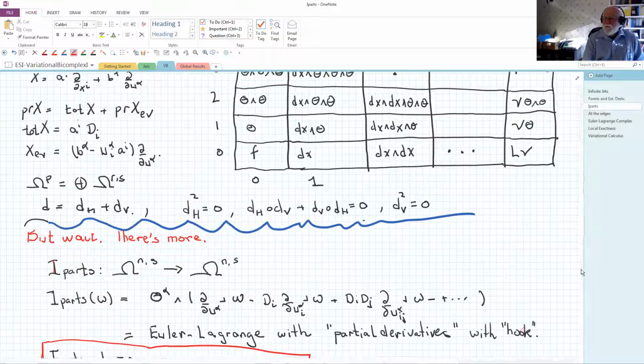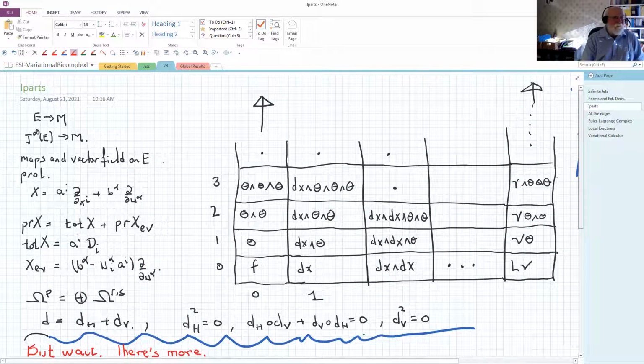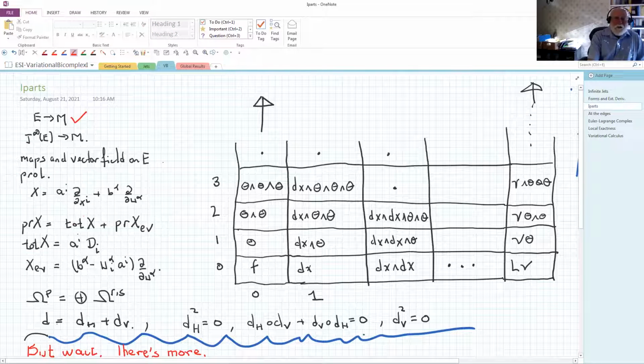So I've written it out for us right here. Okay, so in summary, again, we start off with a space of dependent and independent variables. We make the infinite jet space. We have mappings and vector fields on E prolong.